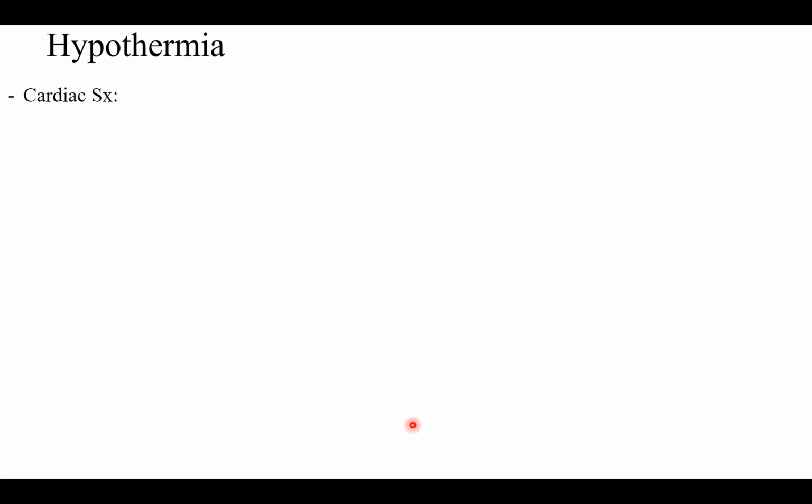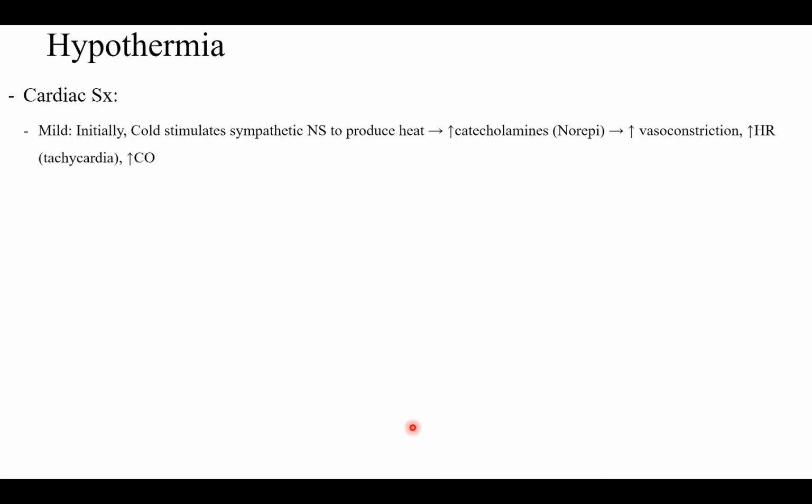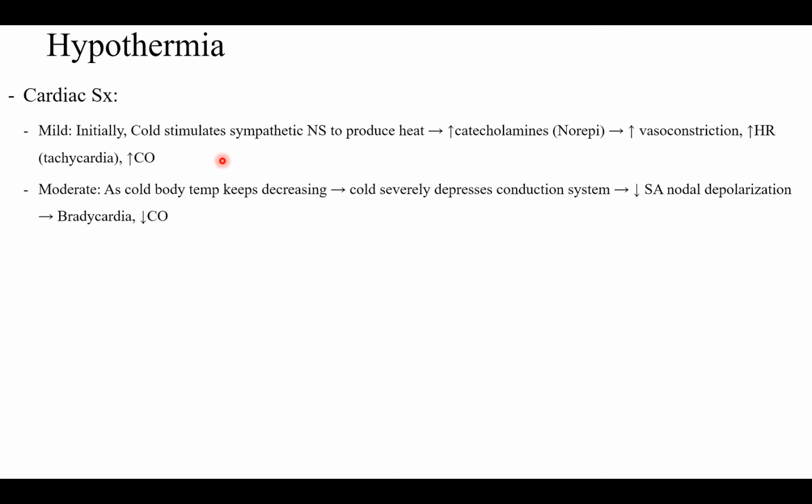So what are the cardiac symptoms? Initially cold stimulates the sympathetic nervous system to produce heat. You have increased catecholamines and increased vasoconstriction, increase in heart rate, and cardiac output.